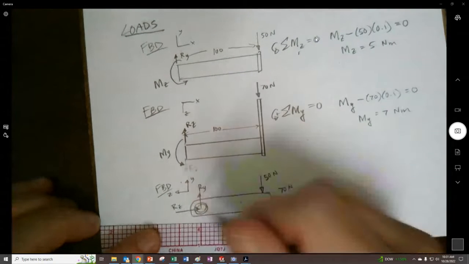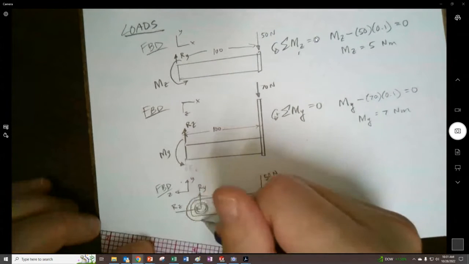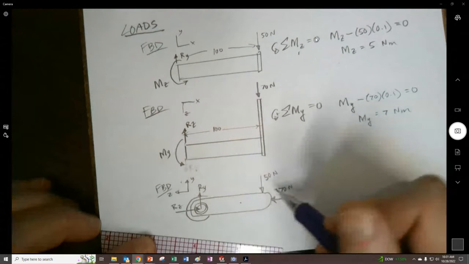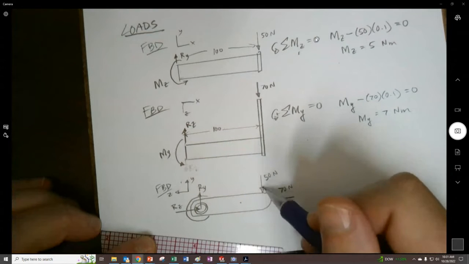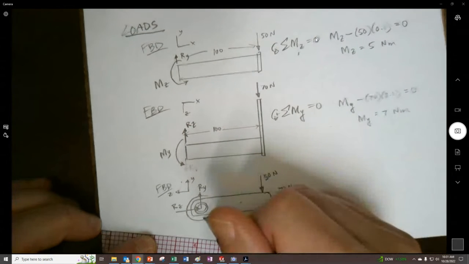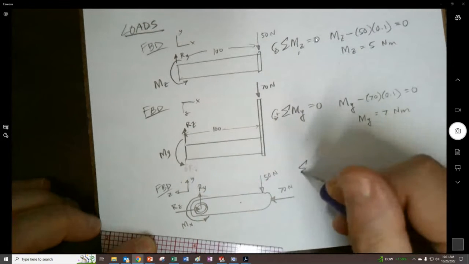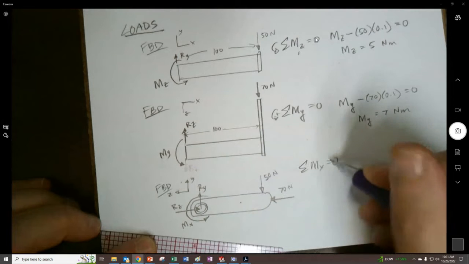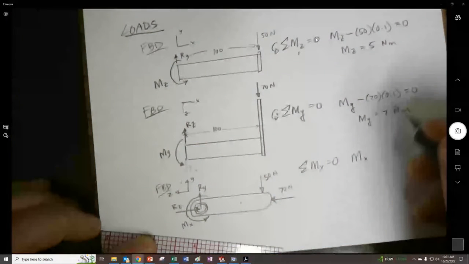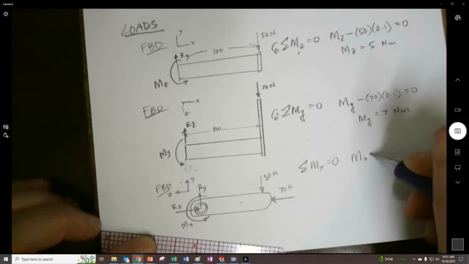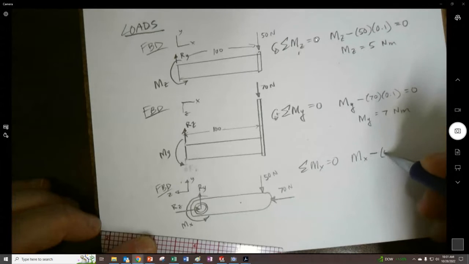Rz. Yeah. And then we're also going to have a moment that's acting onto this right here. And this doesn't cause a moment, so this causes a clockwise moment. So this is, again, counterclockwise. X, and summation of Mx, we'll have Mx is going to be then minus 50.